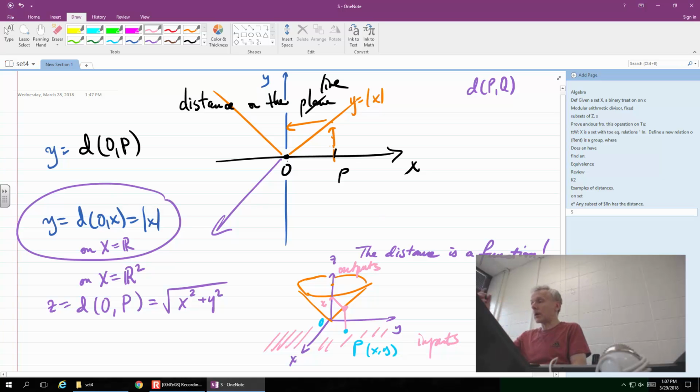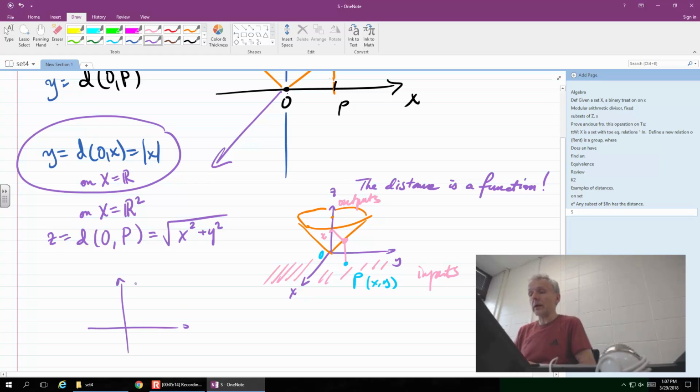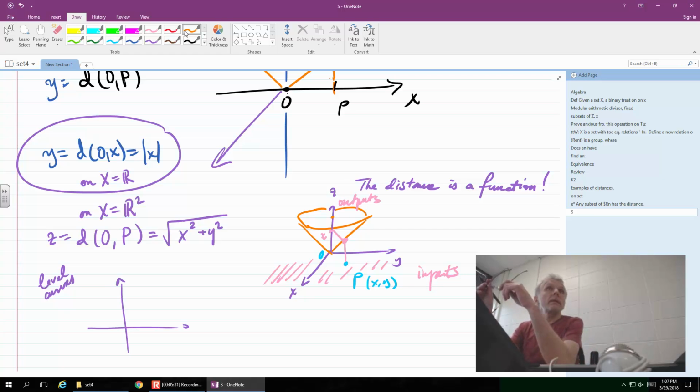So if you want to visualize this in a slightly more tangible way, how about level curves? Remember level curves from calculus 3? Level curves are for functions of two variables. Remember what they are?